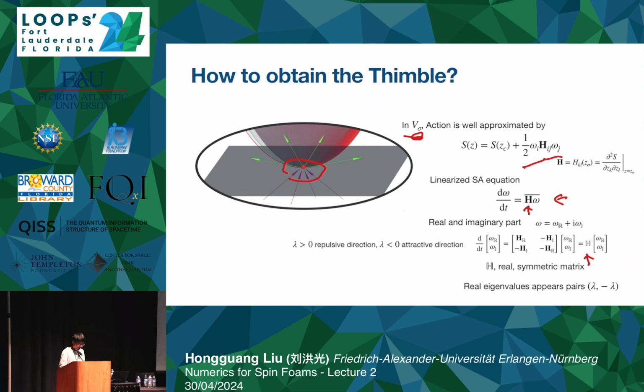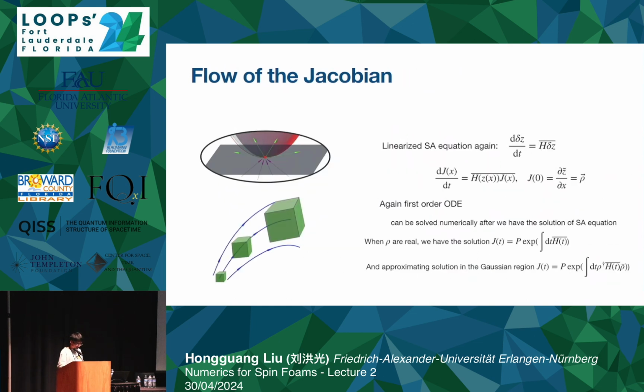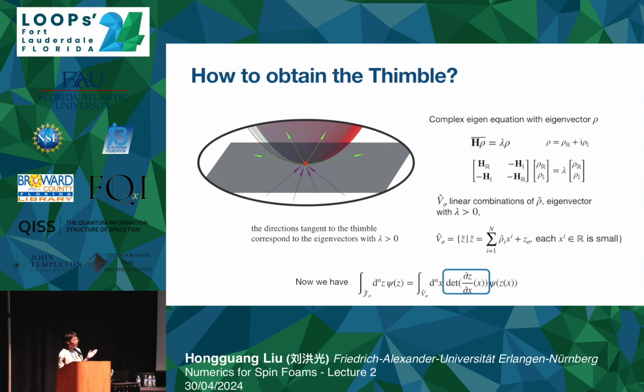If it's an n-dimensional integral, we have n directions which are attracting. So this is basically the steepest descent flow into the critical point, and we have n expanding directions. So of course we approximate everything using the expanding ones, because then it flows out and generates the thimble.